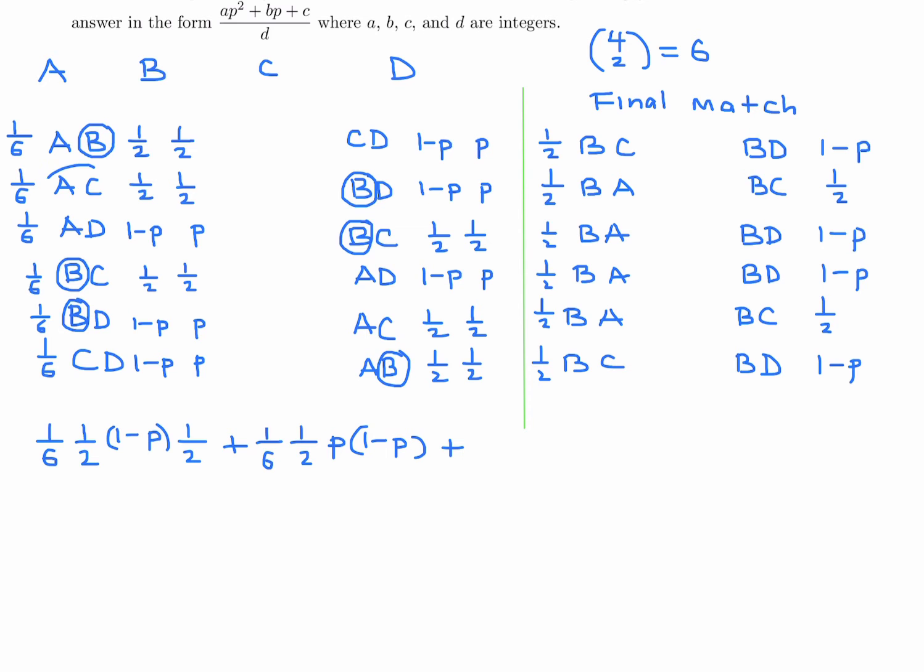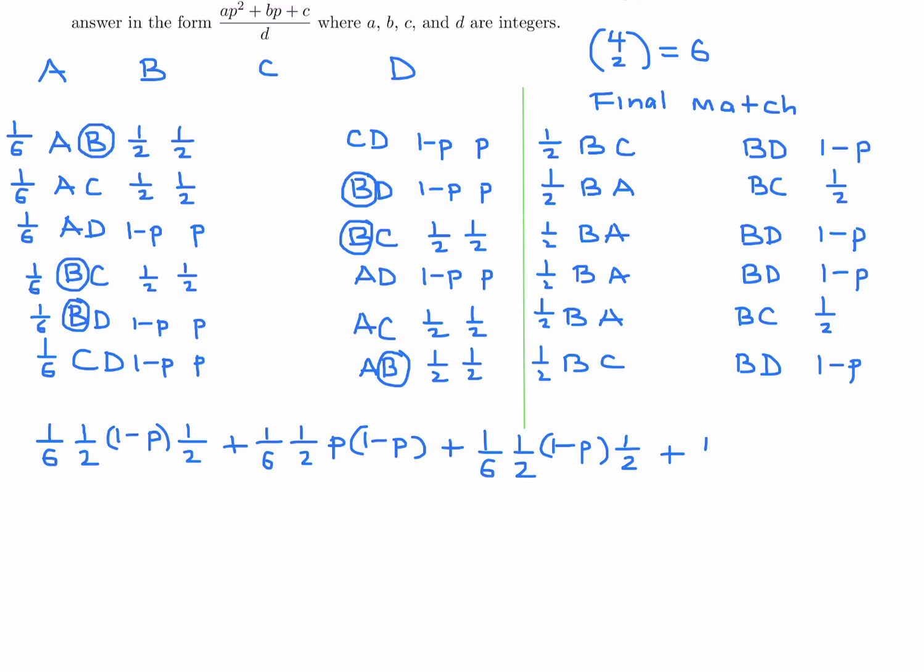So now the probability of that happening is 1/6. Probability of A winning is a half. And then over here, B has to win this one. So the probability of that happening is 1 minus P. And therefore B will play A, and the probability of B winning is a half. Now we have to take into consideration C winning this time.